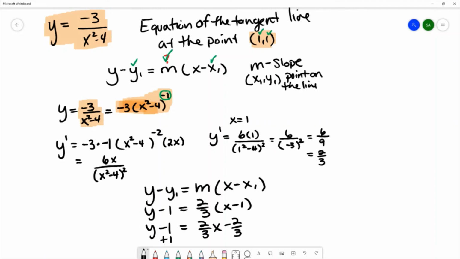I'm going to add 1 to both sides, and that gives me y equals 2/3 x, and I need to combine these together, so I need them to have a common denominator. So that's -2/3 plus 3 over 3, and that's 1/3. So we have the equation of the tangent line at the point 1, 1 being y equals 2/3 x plus 1/3.